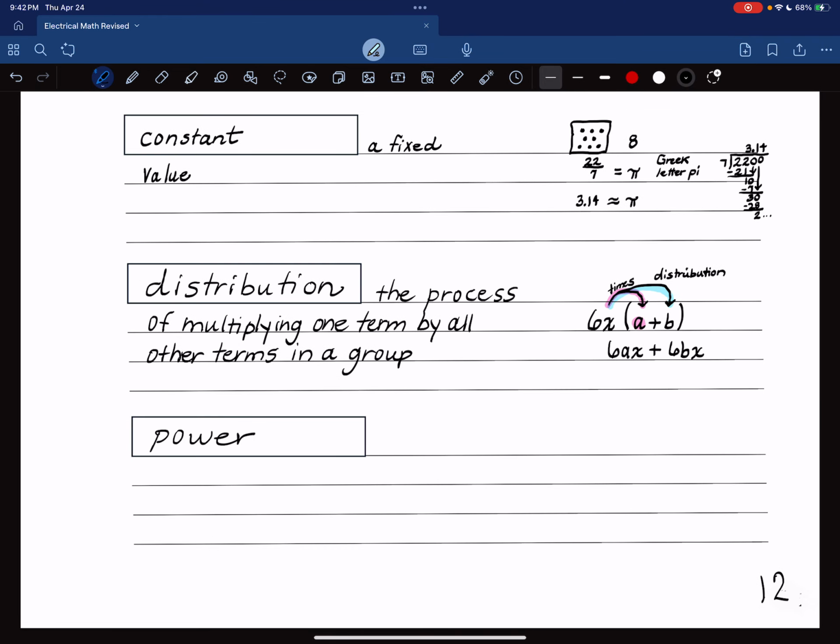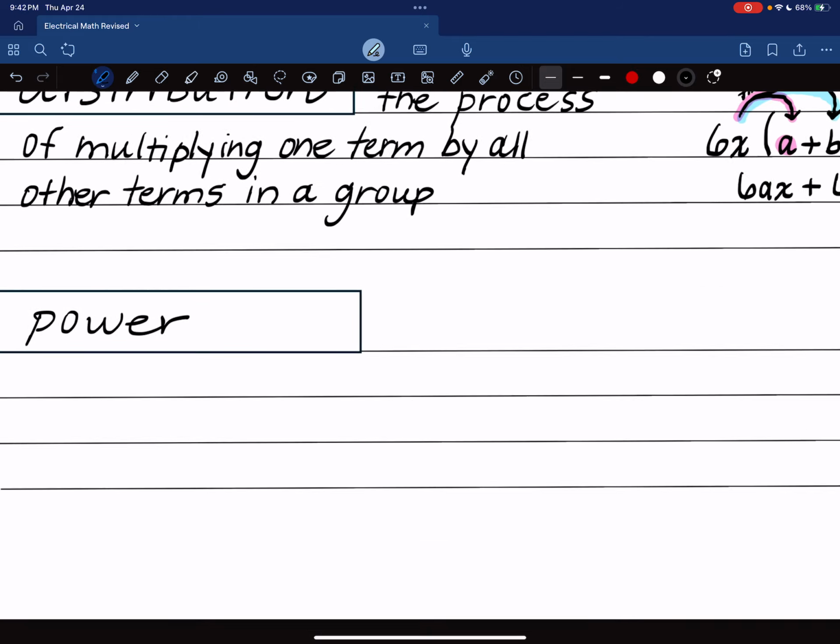And I've been charging my pen, so hopefully it's going to have enough charge to get me through this. The definition of power.